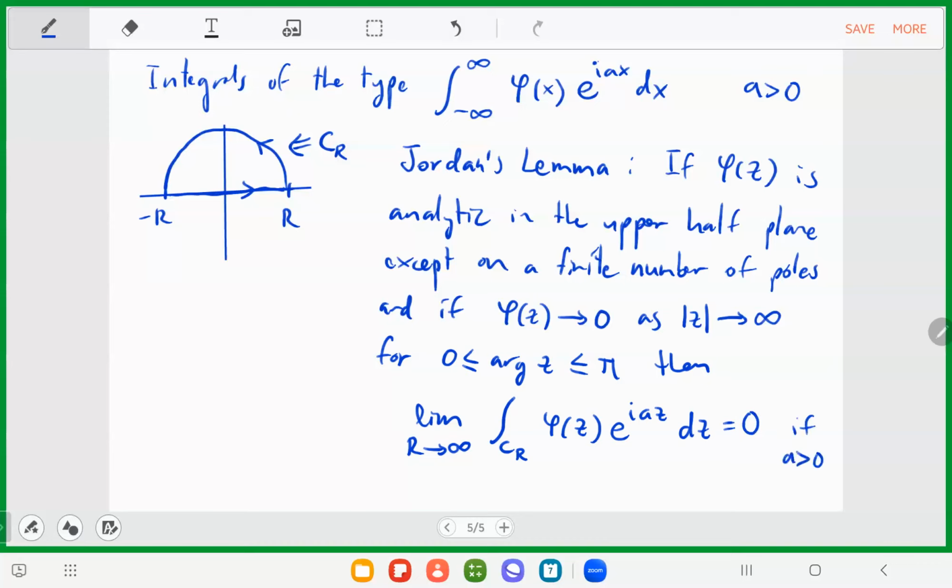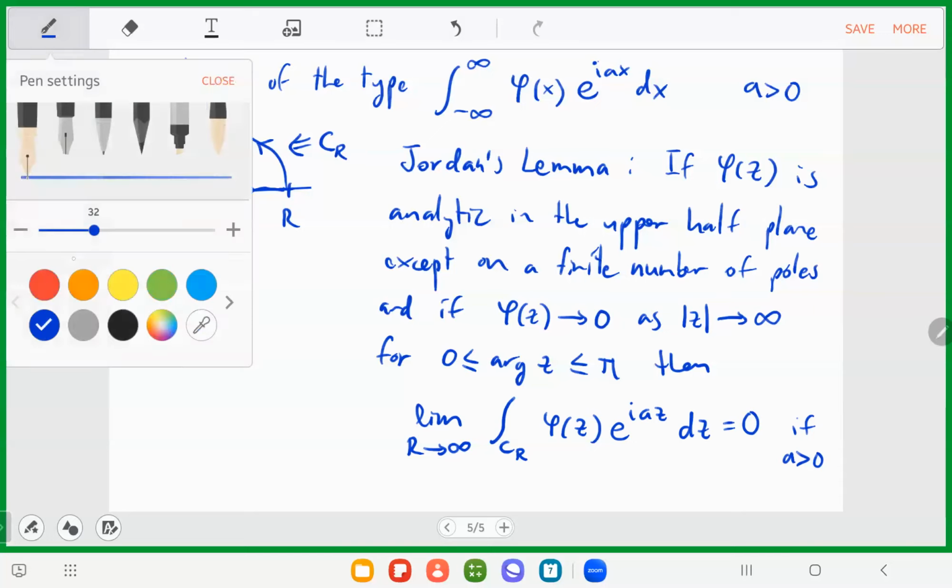Okay, this is Jordan's lemma. So it says very clearly in what cases the line integral along the semicircle can be estimated because it's going to be 0. So in that case, we can use the same method as we have seen before. We can calculate the integral only on the x-axis by taking the integral along the contour and noticing that it's the sum of the integral on the real axis plus the integral that goes to 0.